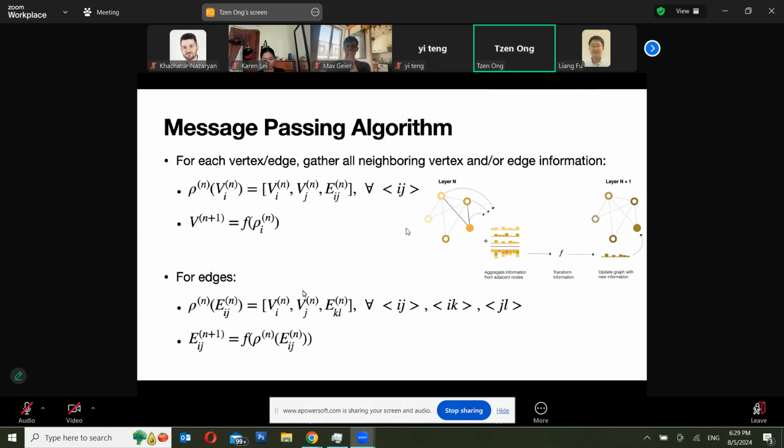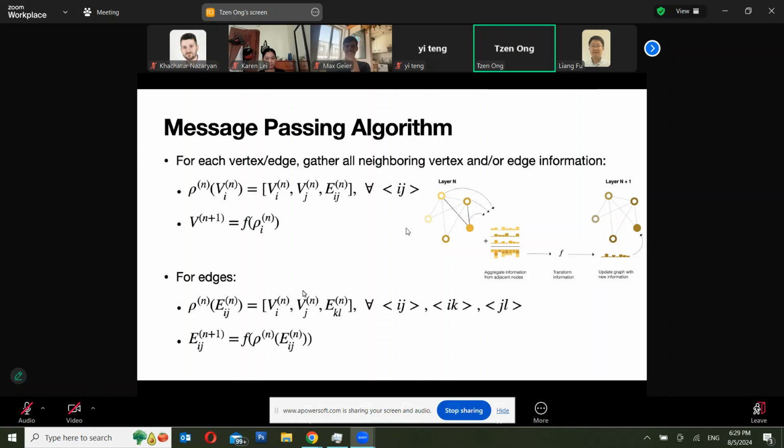So the vertex, you can think of it as the information of each particle, and then the edges will encode the different types of interaction between the particles. The simple way to think of it is that this architecture captures the information from your nearest neighbor interaction.